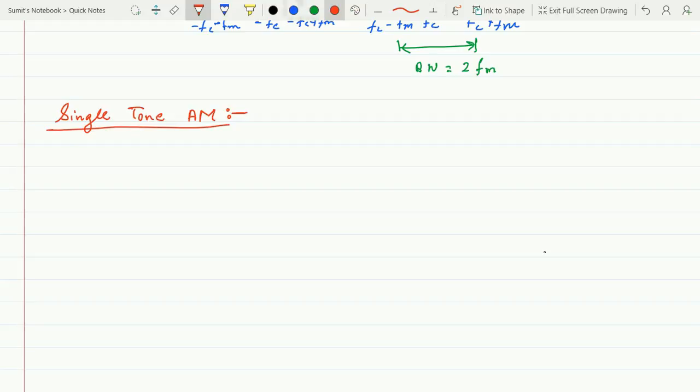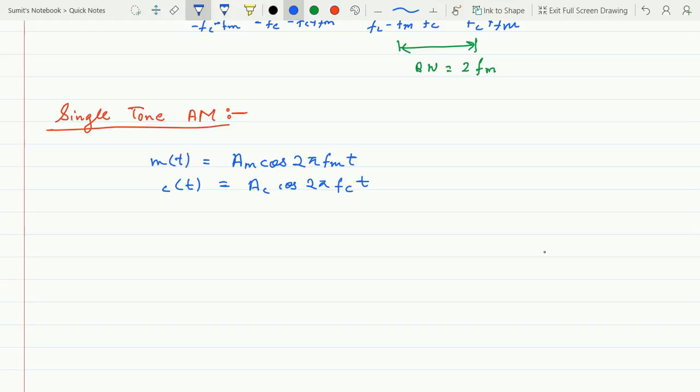Because this is a single tone AM, the message signal will have only one frequency component, and I am assuming it to be Am cos(2πfmt). And the carrier signal I am assuming to be Ac cos(2πfct).